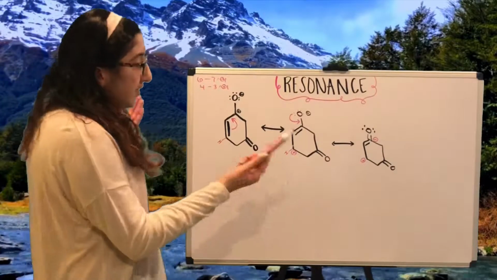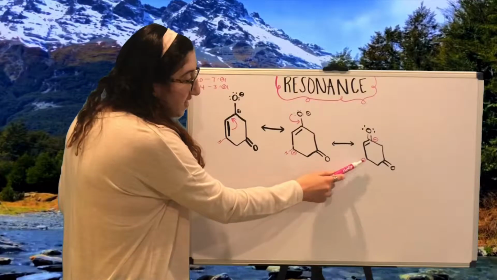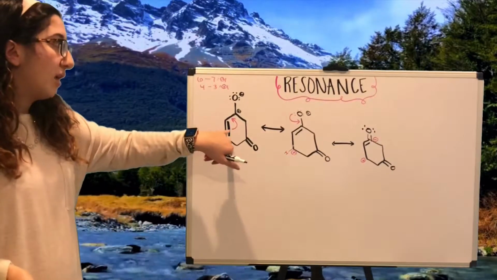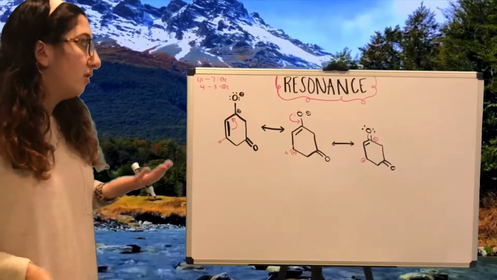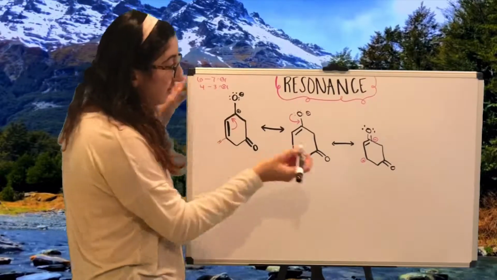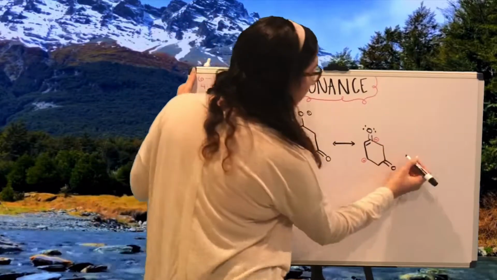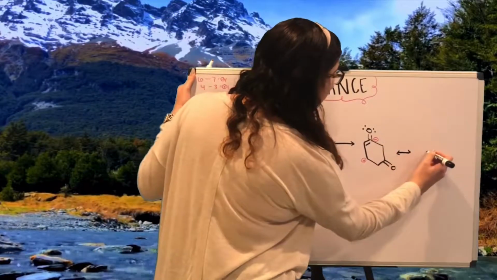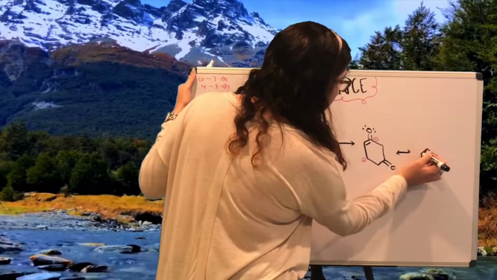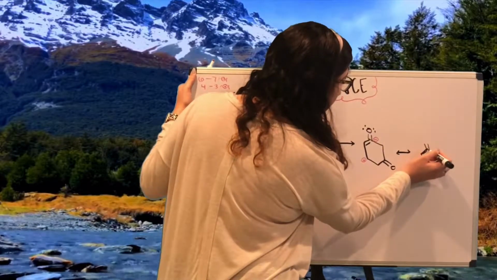Now, I noticed that there is really no way to alleviate this positively charged carbon unless I move down this bond again, which will, therefore, I can draw another structure over here with the doubly bound oxygen.